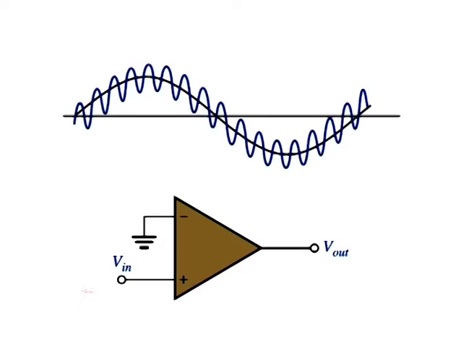In order to understand the potential effects of noise voltage, consider a low frequency sinusoidal voltage applied to the non-inverting input of an op amp comparator used as a zero level detector as shown in figure.